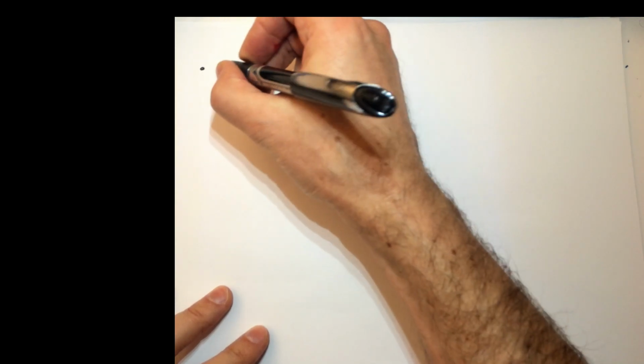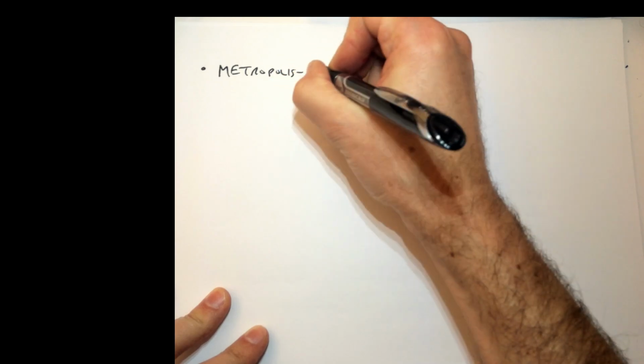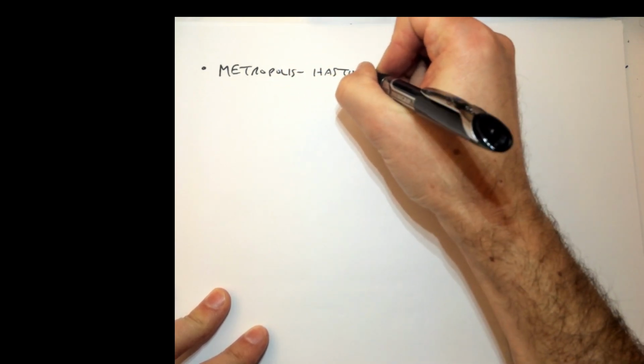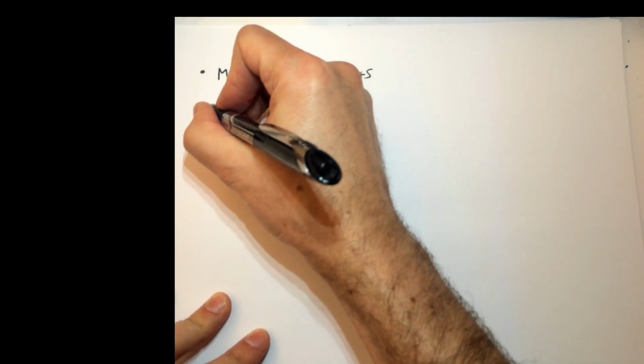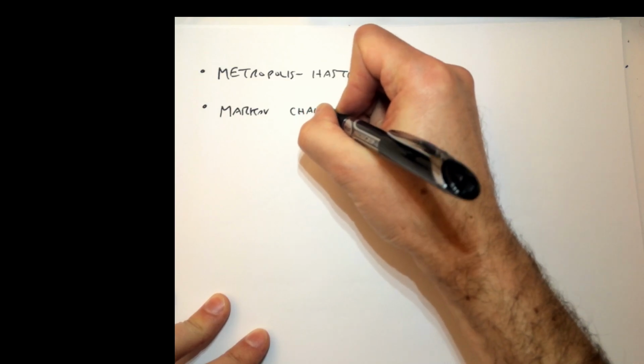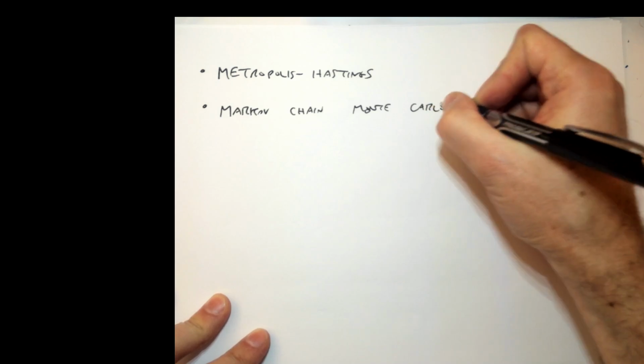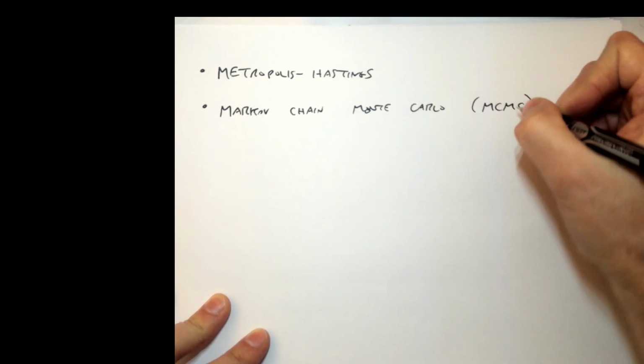So there's a whole bunch of variations on this theme. For example, if you look at a machine learning textbook, you'll see something called Metropolis Hastings sampling, or Markov chain Monte Carlo. MCMC is a very popular way of sampling.